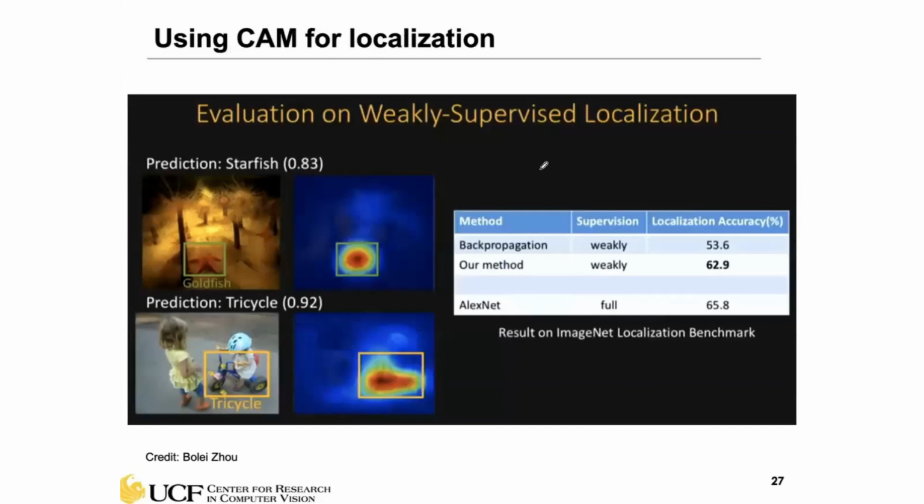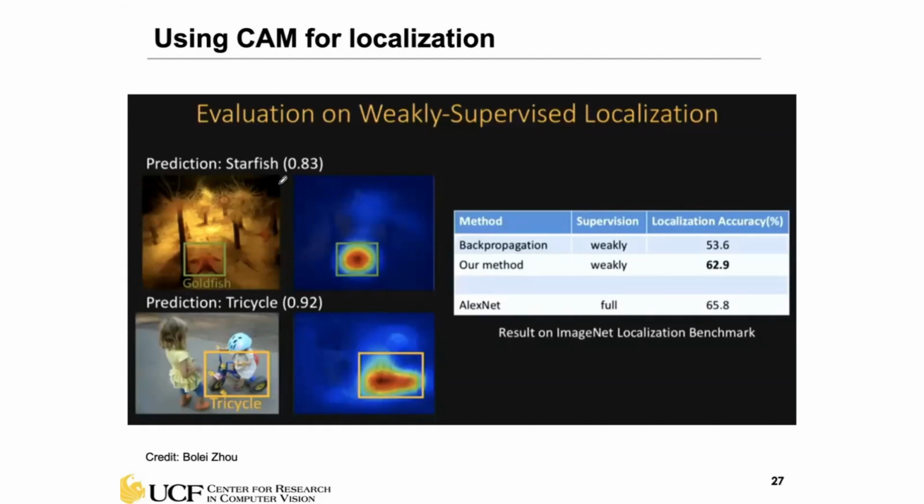Okay, so for localization or object detection, if we are doing this in a fully supervised way, what we need in the training stage is the ground truth label, which is the bounding box. So we need the annotation to train the model. You have an object and a corresponding box label. You can train localization in a fully supervised way.